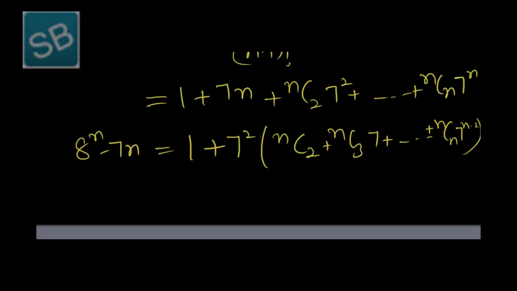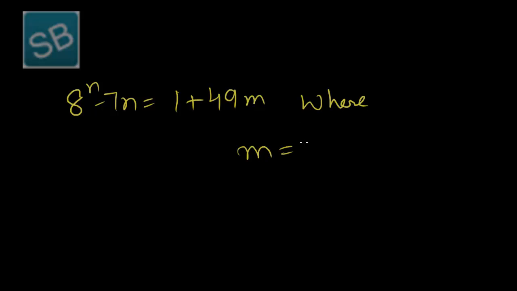So we get 8 raised to power n minus 7n is 1 plus 49m, where m is nC2 plus 7 into nC3 plus so on, that is 7 raised to power n minus 2 into nCn.